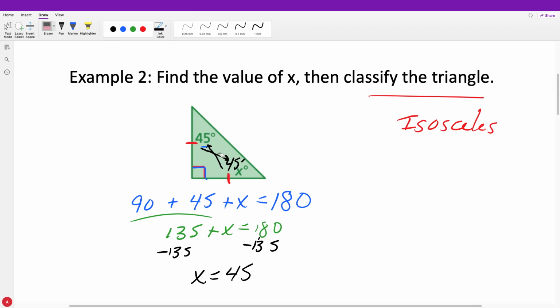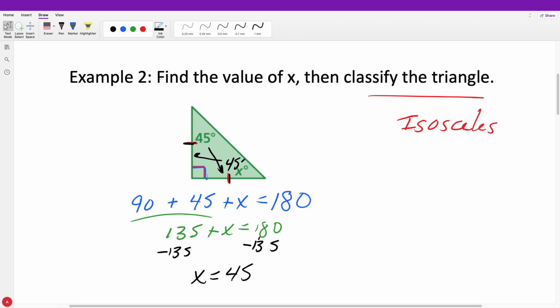So even if I don't put tick marks, if you can solve and show that all of our angles are not the same, then we know that all of our sides can't be the same. The only way that we can have congruent sides is if the angles opposite them are also equal. That's not something you need to know now, but it's just something that maybe jumped out at you when you noticed, oh, both of them are 45 and both of those sides are equal as well.